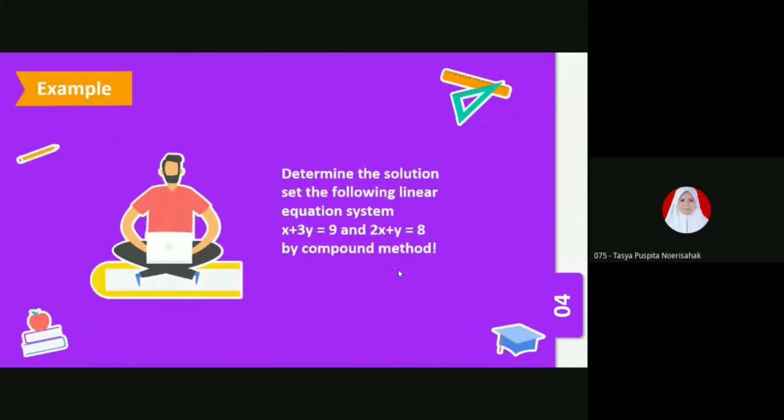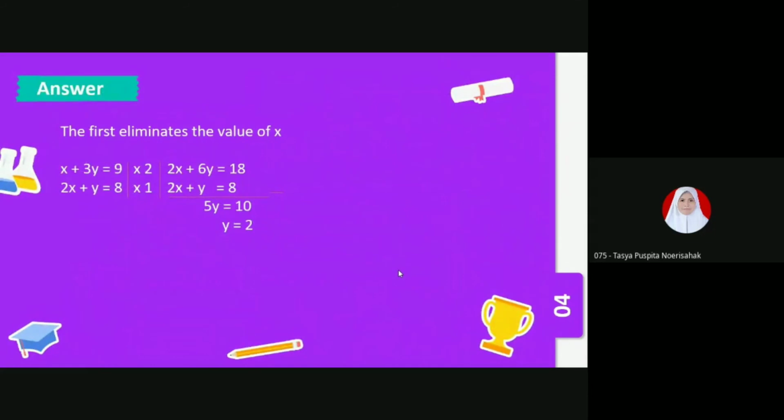Example, determine the solution set of the following linear equation system: x plus 3y equals 9 and 2x plus y equals 8, by the compound method. First, eliminate the value of x. We see there is an x and a 2x, so let's work on that.